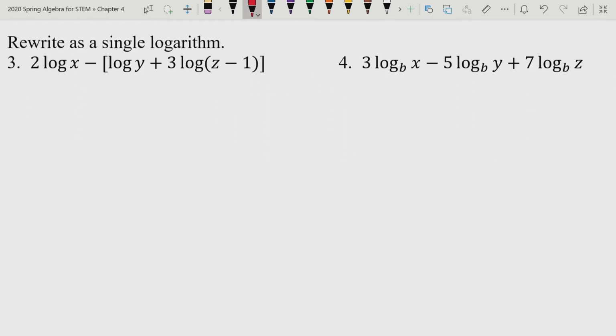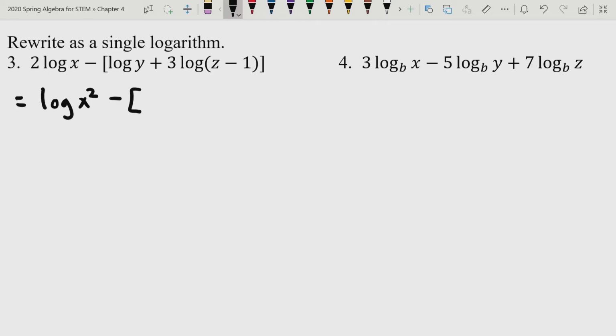Now let's go the other way. Let's rewrite these expressions as a single logarithm. So we're going to condense these logs. Here we have 2 times the log of something, so we can use the power property. This is the log of x to the 2. When you have something times a log, you can bring it up as an exponent. And then here we have minus the log of y plus 3 times the log of z minus 1.